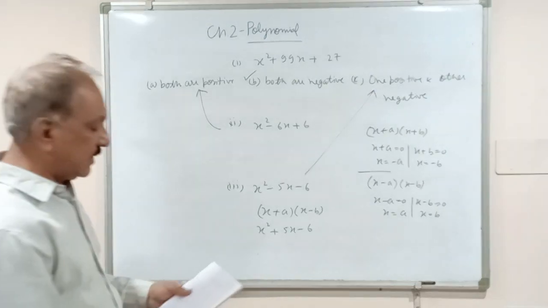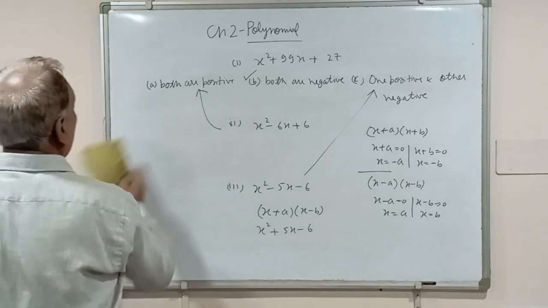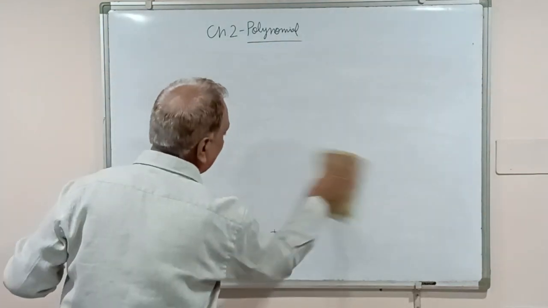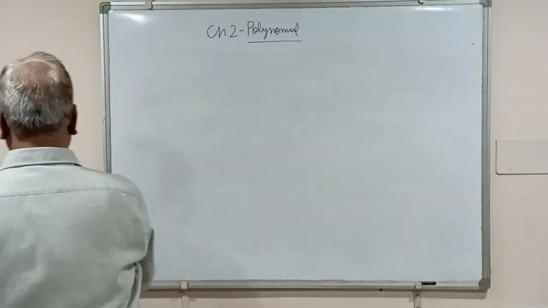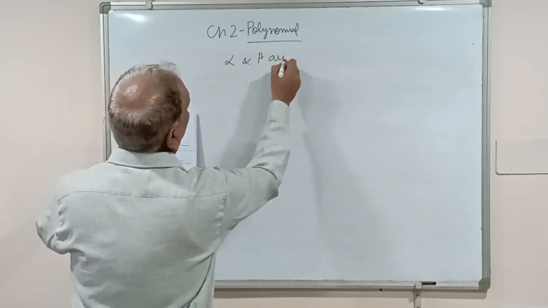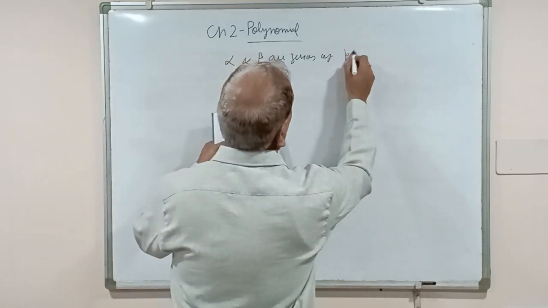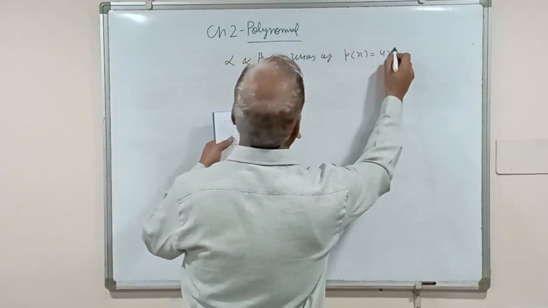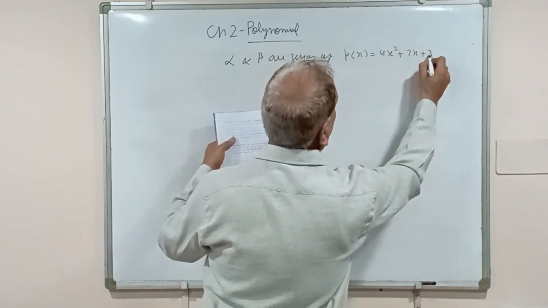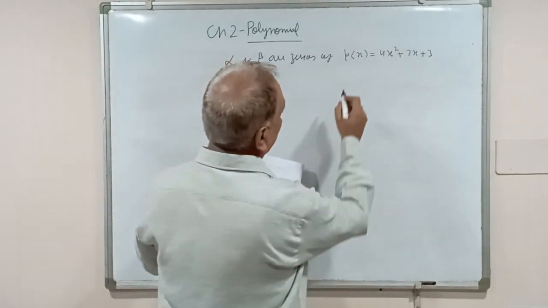Next pattern is very important. If alpha and beta are the zeros of given polynomial, alpha and beta are zeros of 4x square plus 7x plus 3. Okay? You have to find some values.